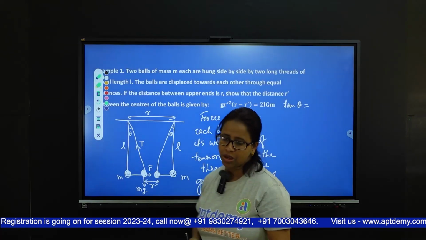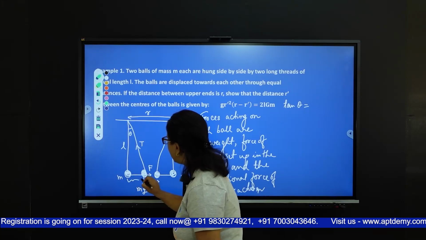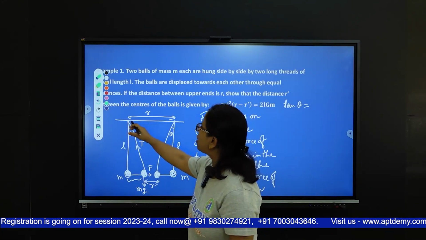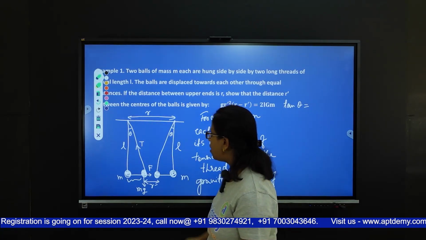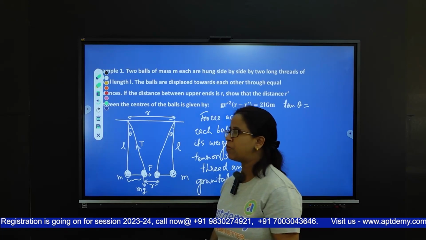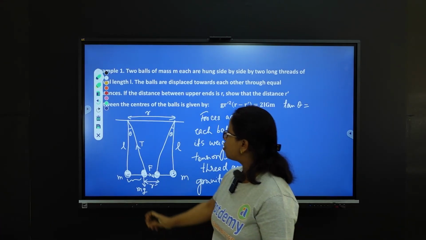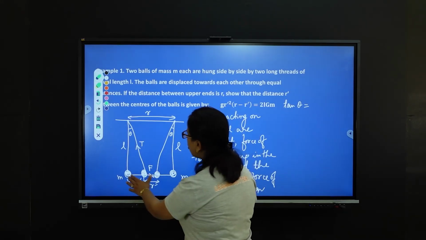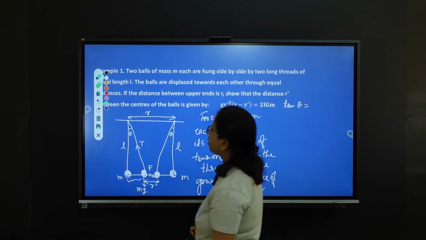If the net distance between the upper ends is given as little r, while after they are displaced, the distance between them becomes r dash, then the total distance is r minus r dash.